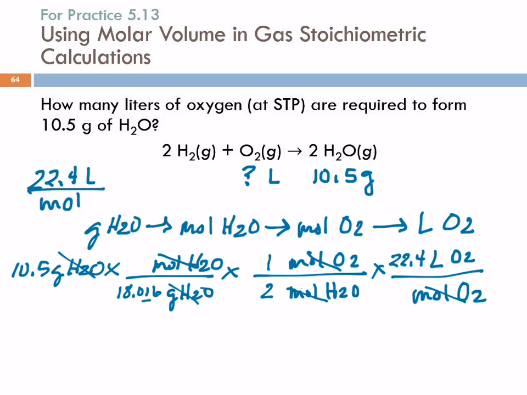And looking at this, I should have 3 sig figs. So I'm going to round this to 6.53 grams of water. No. Liters of oxygen. It's too early. Any questions?